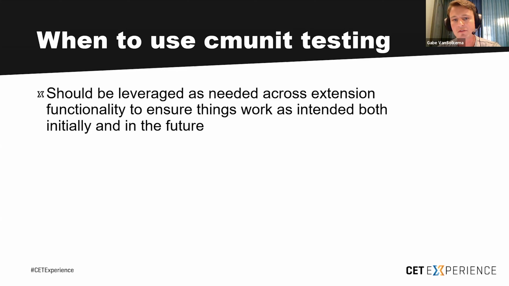There are a lot of different approaches to this. There's a lot of different thoughts on this. Some people think every single method on every single object should have a unit test to ensure that it works a certain way, or maybe every single method that returns something should have a unit test to ensure that it's always working.